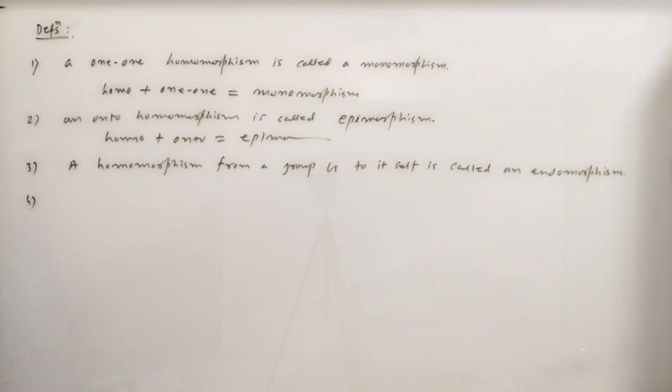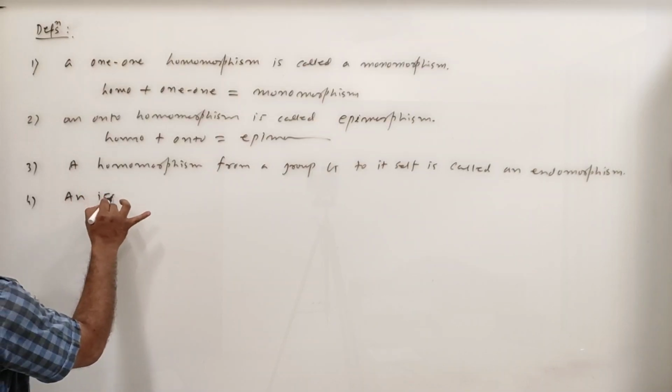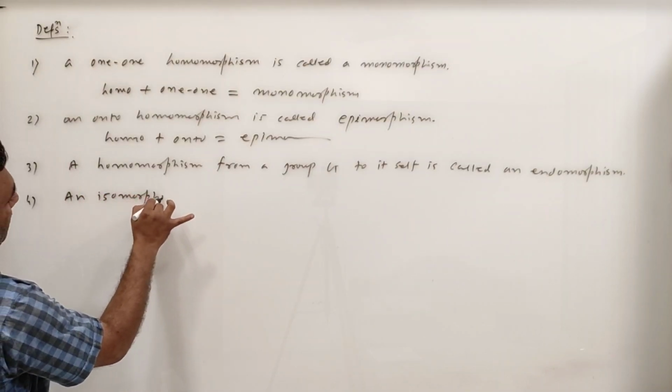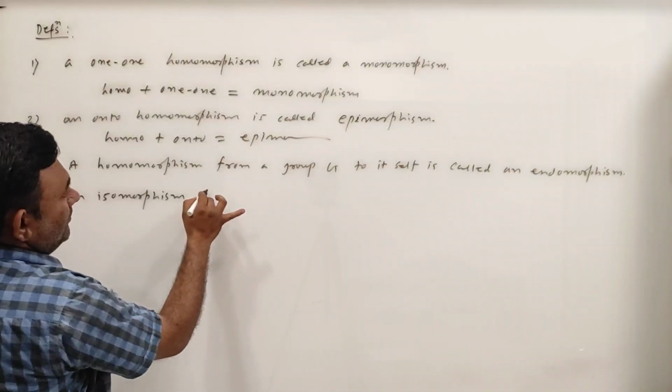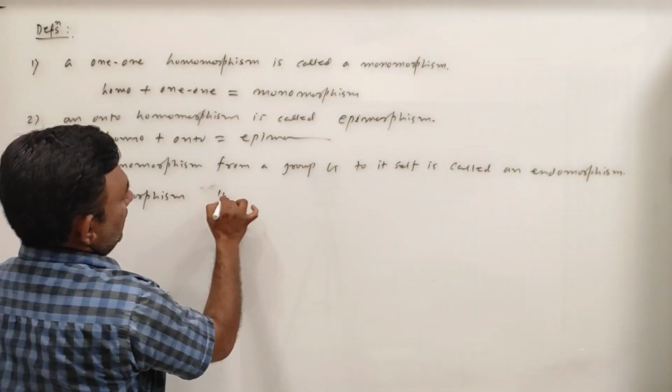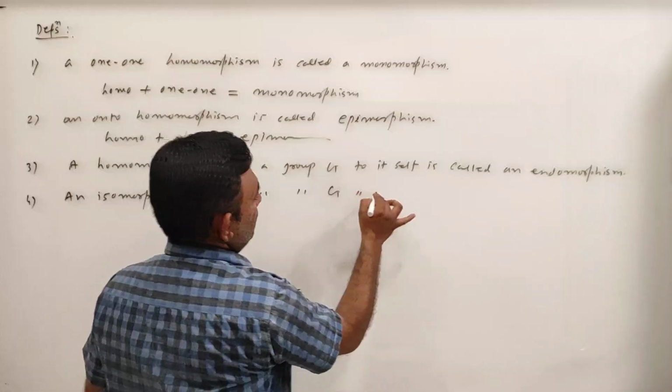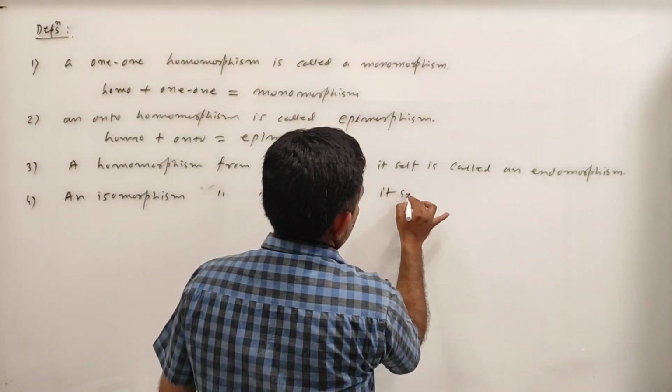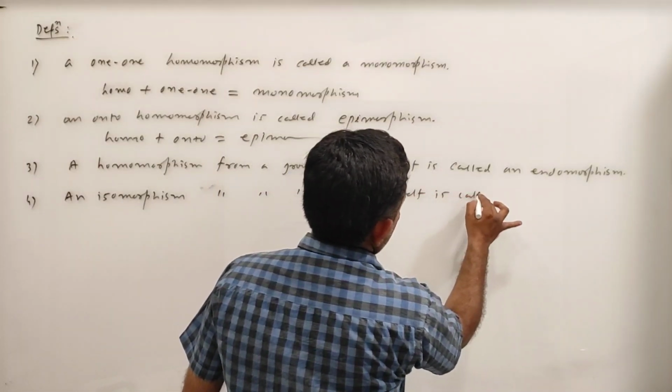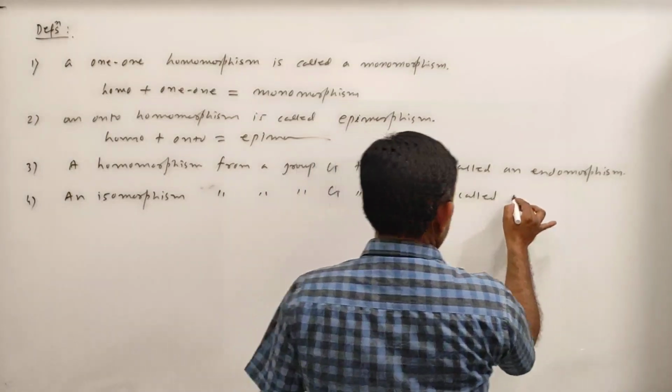Now fourth one, an isomorphism from a group G to itself is called an automorphism.